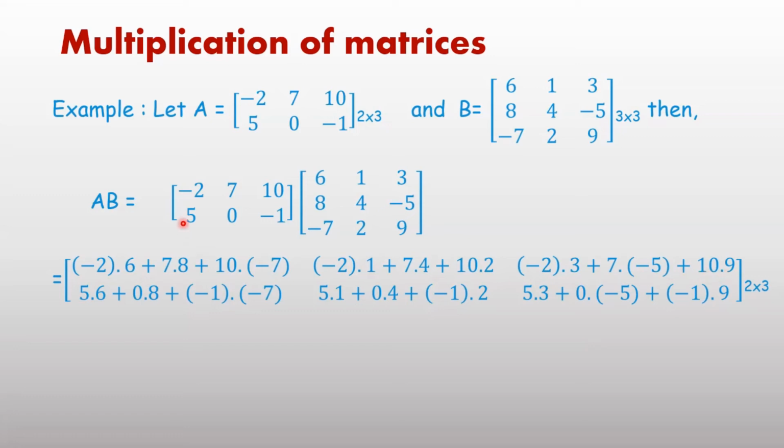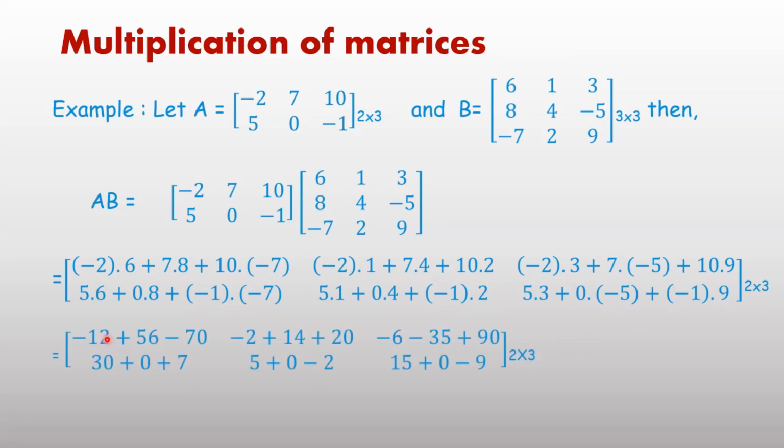Next, second row, first column: 5 into 6 plus 0 into 8 plus minus 1 into minus 7. Second row, second column: 5 into 1 plus 0 into 4 plus minus 1 into 2. Second row, third column: 5 into 3, 0 into minus 5 plus minus 1 into 9.